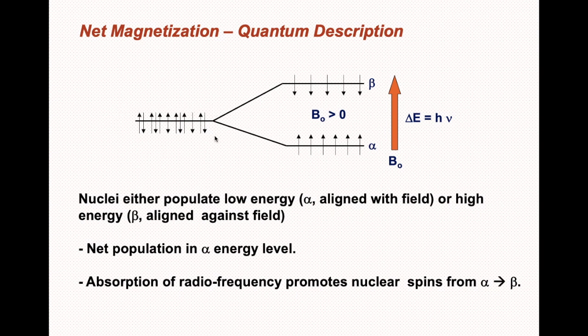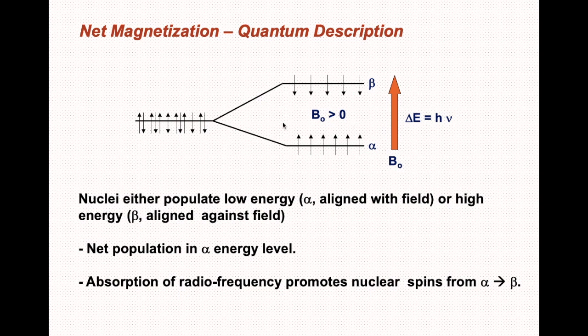In the absence of an external magnetic field, both these spin states will have identical energy, and these are said to be degenerate. However, if you keep these nuclei in an external magnetic field of B0, then the total population will distribute among these two nuclear spin states, which are referred to as alpha and beta. Please note this notation. In some textbooks you may find it as plus half state and minus half state. Conceptually both are the same.